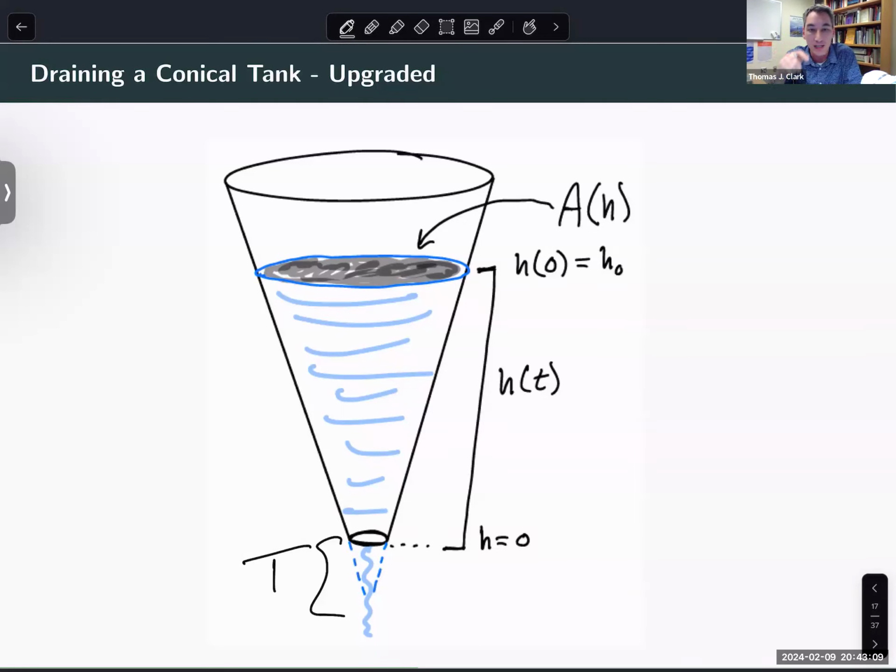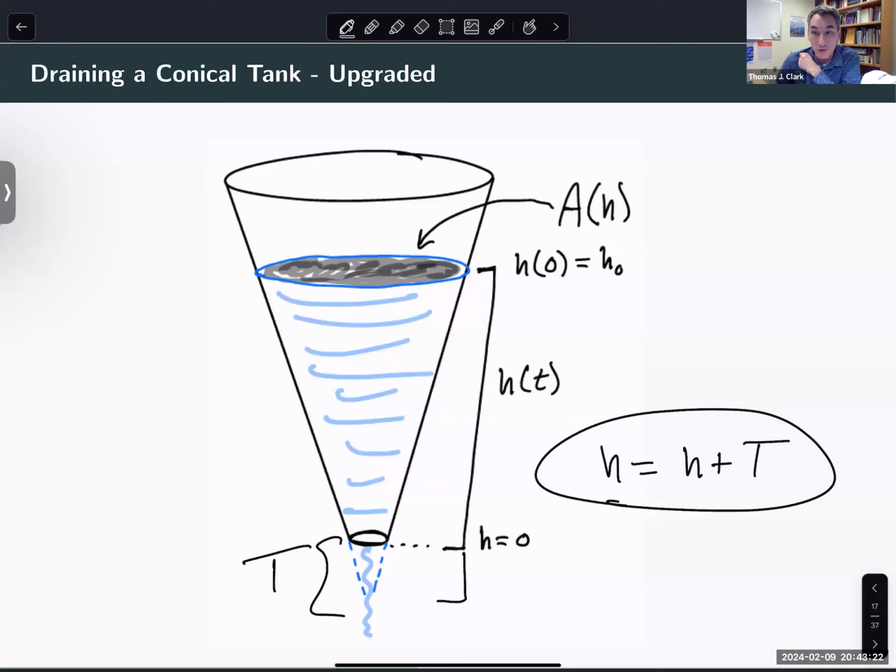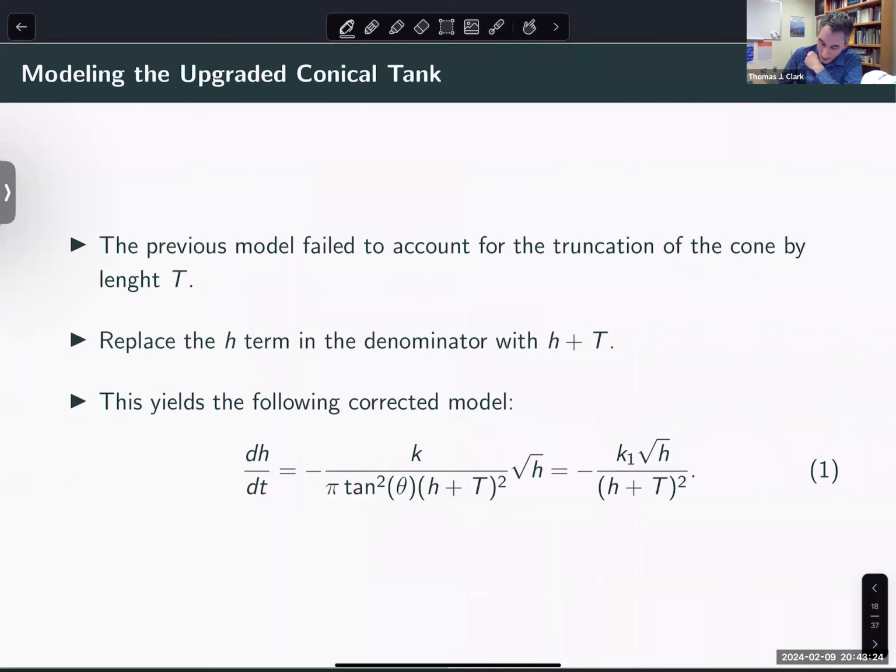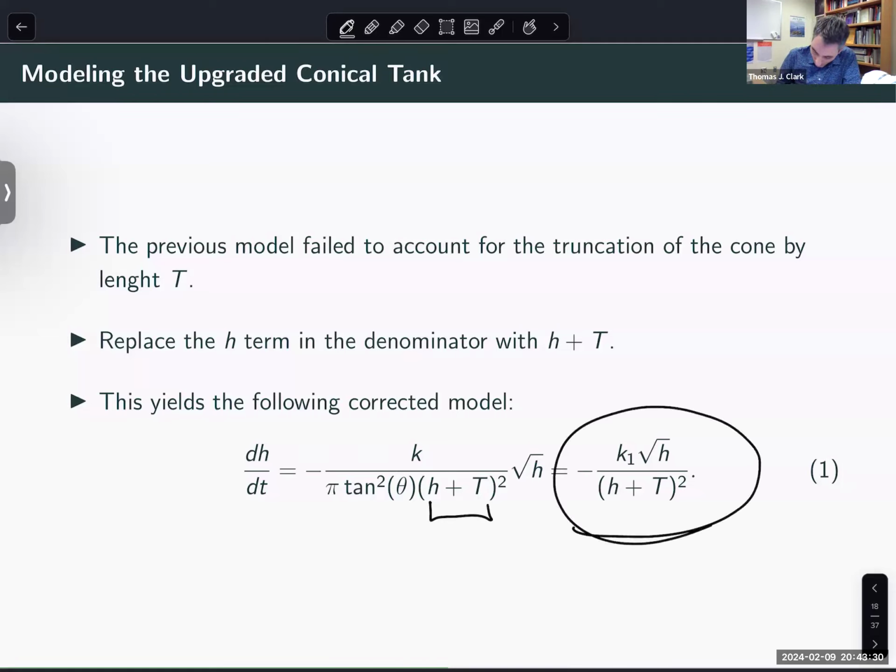And if we account for that in the model, the only thing we have to do is replace H with H plus T. Essentially, that's the substitution we make. So you go back to the model, you replace this H with H plus T, you get a different separable differential equation.